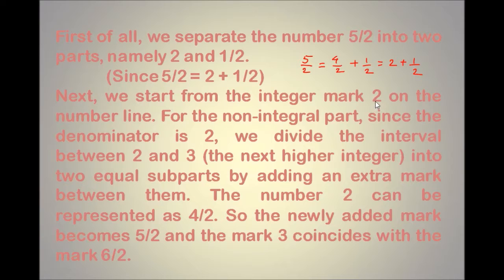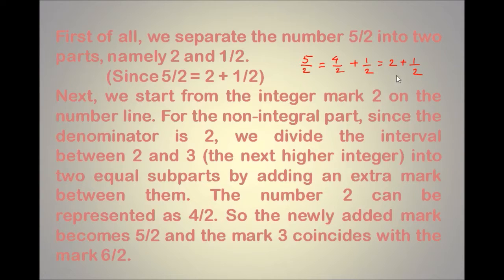So we'll be taking the integer mark 2, and 2 plus, so it is more than 2, so it will be lying to the right side of 2. Obviously, because 5 by 2 is more than 2, we have to add 1 by 2 to 2, or half to 2, to get 5 by 2. So it will be lying on the right side of this integer 2.